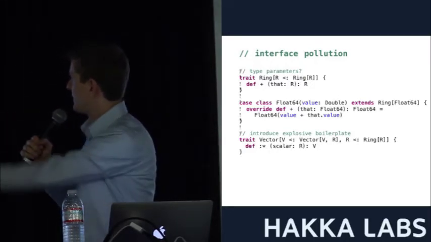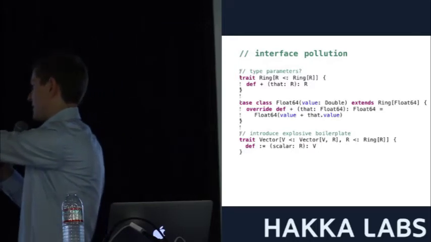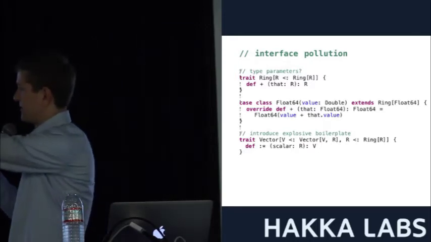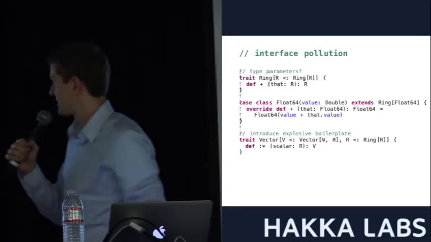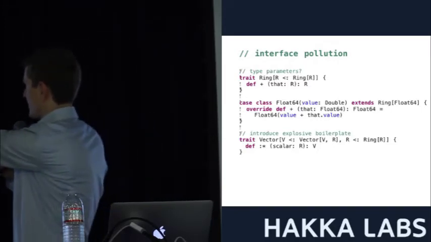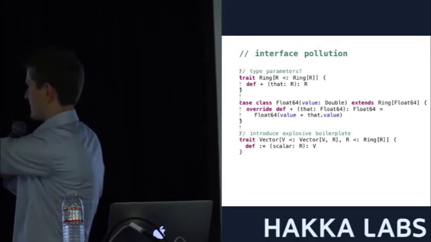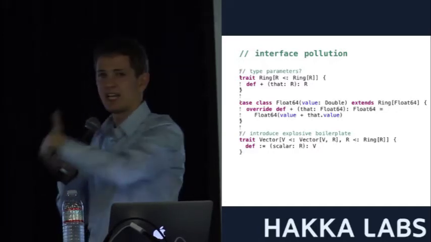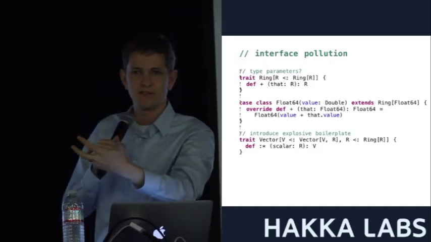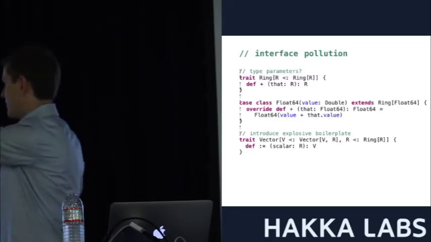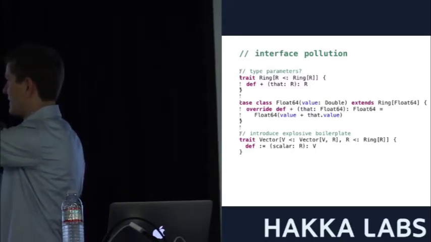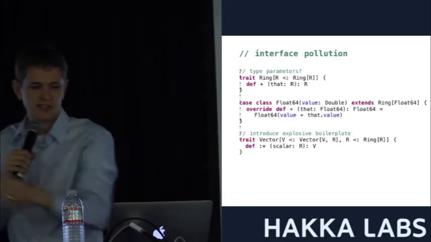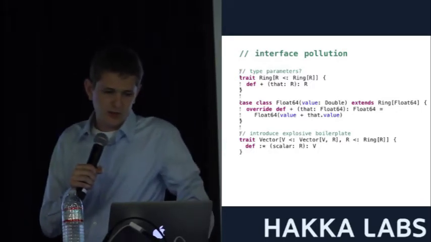And so now your addition method there always adds and returns sort of the same type of thing. And this allows you to implement your float64 as a ring of float64s of itself. This means you're only adding the same type of thing that you have. So nice and simple, no pattern matching, no downcasting, because you're not working with the general case there. So that's one approach.